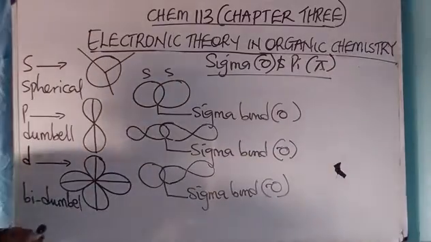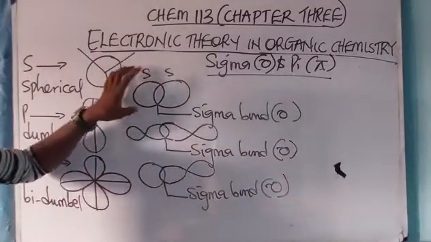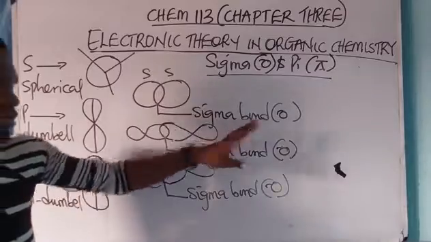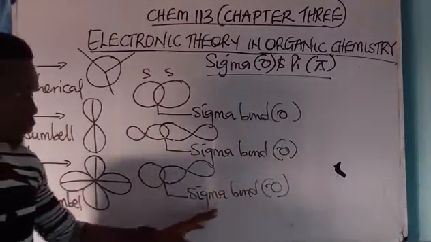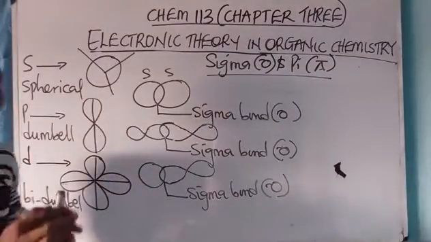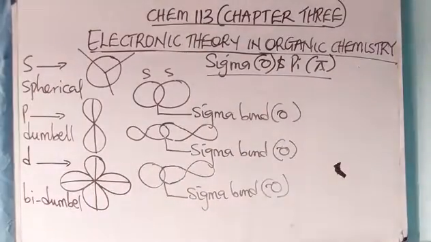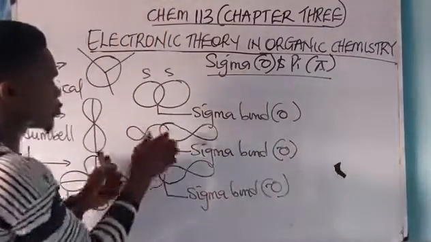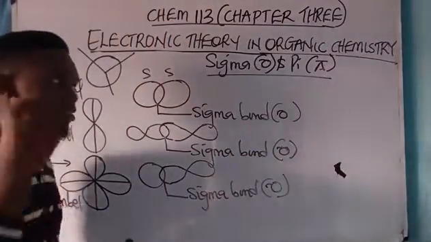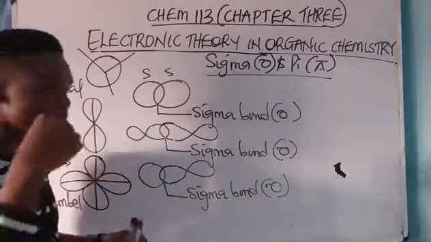Take note of these things. The linear combination of two s orbitals produces sigma, two p orbitals produce sigma, s and p produce what? Sigma. But the lateral combination of two p orbitals will produce what? A pi bond. I know you have been waiting for the pi bond.